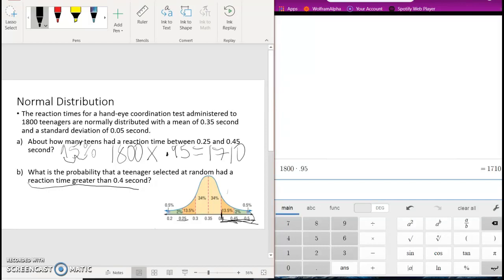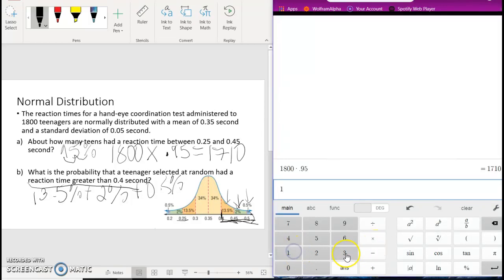You notice that your probabilities, we have 13.5, 2, and 0.5. We're going to add those together. 13.5% plus 2% plus 0.5% gives us 16%.